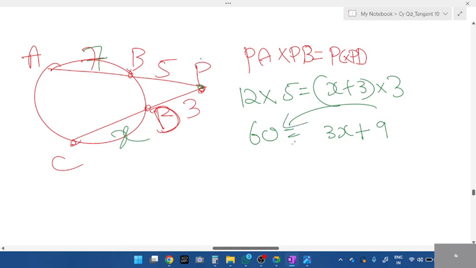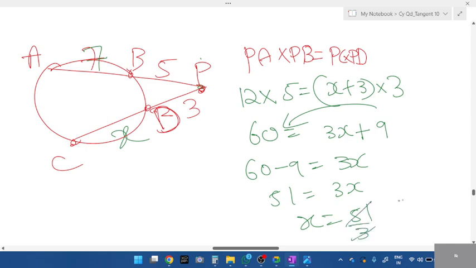Then bring this 9 to the other side. 60 minus 9 is equal to 3x. What's the answer? 51 is equal to 3x. X is equal to 51 divided by 3. 3 1s are 3. Remainder is 2, right? 17. X is equal to 17, student.